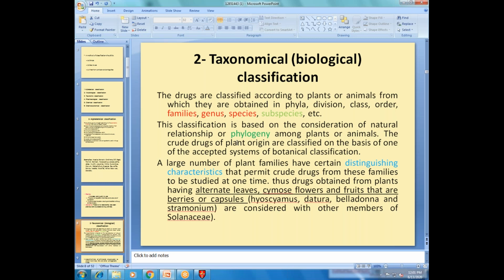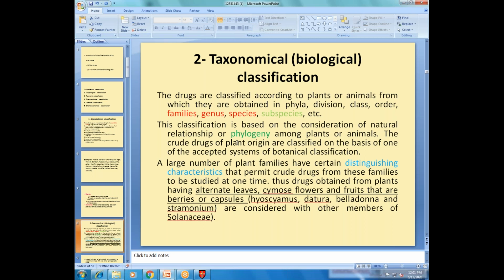So in plants and animals also, we group according to their morphological and chemical characters. That means we compare the chemical and the morphological characters together. A large number of plant families have certain distinguishing characters that permit crude drugs from these families to be studied at one time.